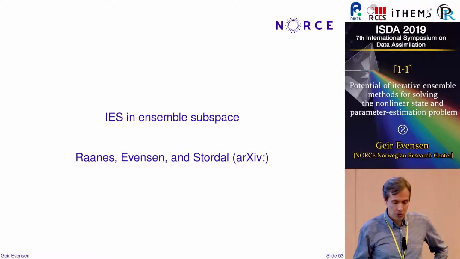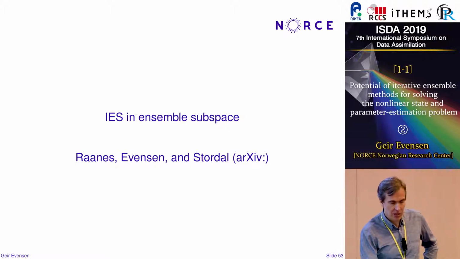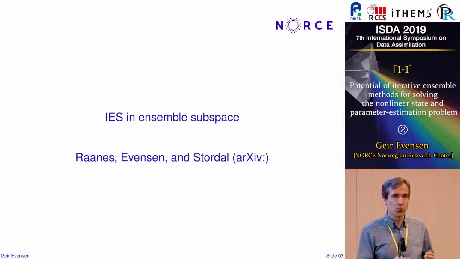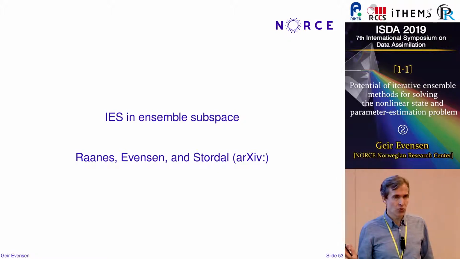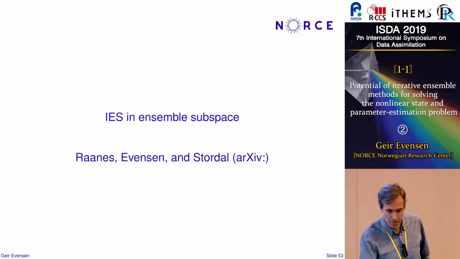So what we tried to do was to reformulate everything in the ensemble subspace. That's because we know that the posterior solution is supposed to be contained in the space spanned by the initial ensemble, and that we can show. So in that sense, this new method is not giving a different or improved result compared to the standard iterative ensemble smoother, but it's doing everything in a nicer formulation and a much more stable numerical implementation.